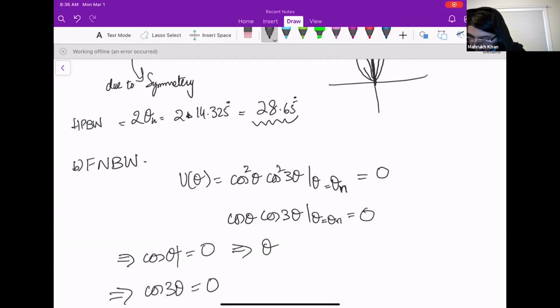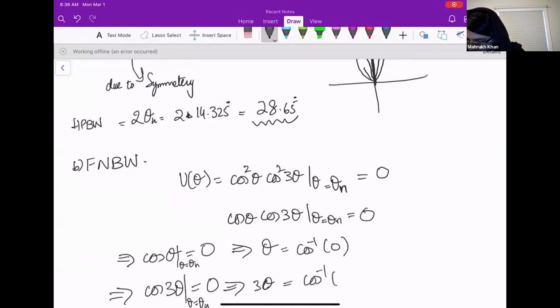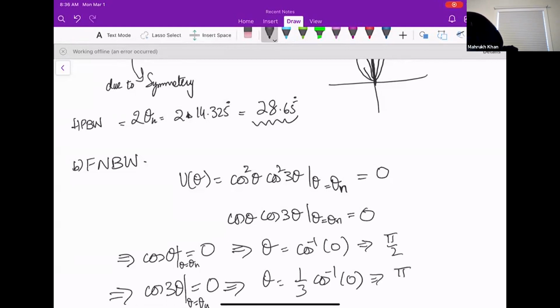So this is at theta equals theta null, and that will become cos inverse 0, and cos inverse of 3 theta. So this is equal to pi by 2, and this is equal to pi by 6.